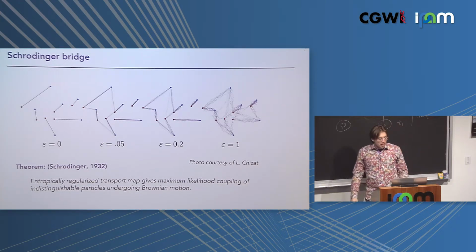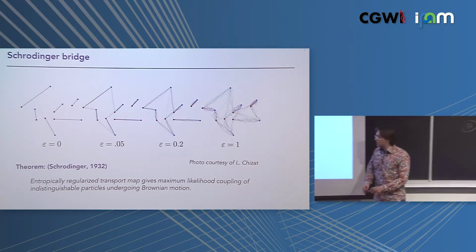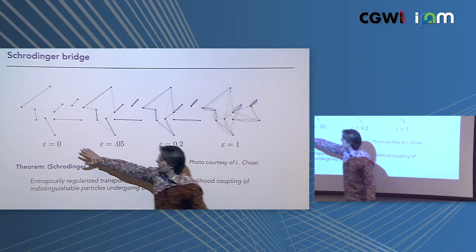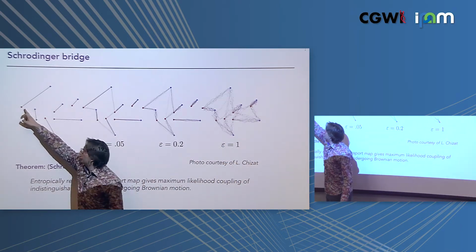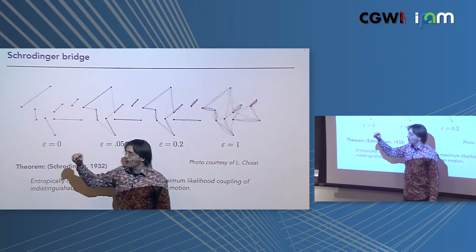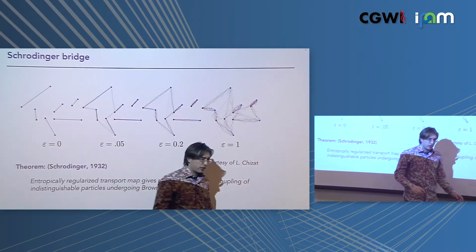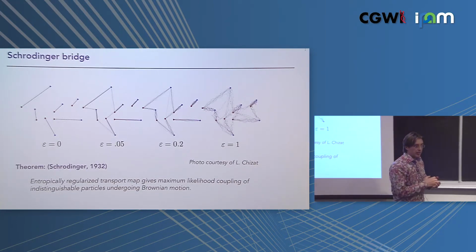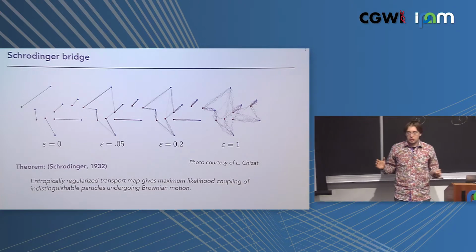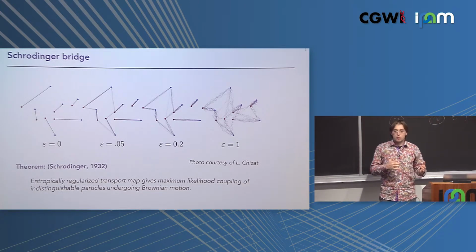So a Schrodinger bridge is if you have a collection of indistinguishable particles. There are 4 pictures here, so just think about this one for now. If you have 6 red particles at time 0, and then you have 6 blue particles at time 1, and all 6 of these indistinguishable particles are doing Brownian motion, then you don't necessarily know which particle went where, because they're indistinguishable.